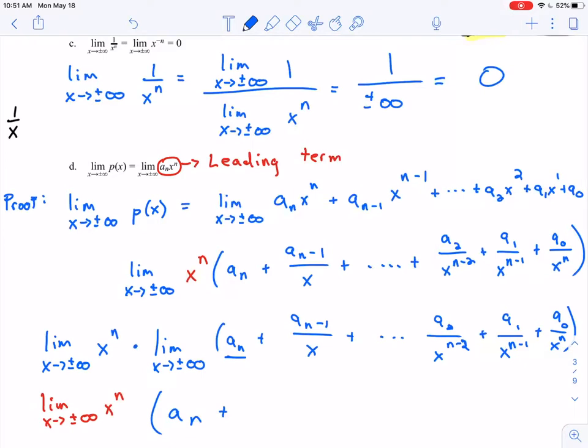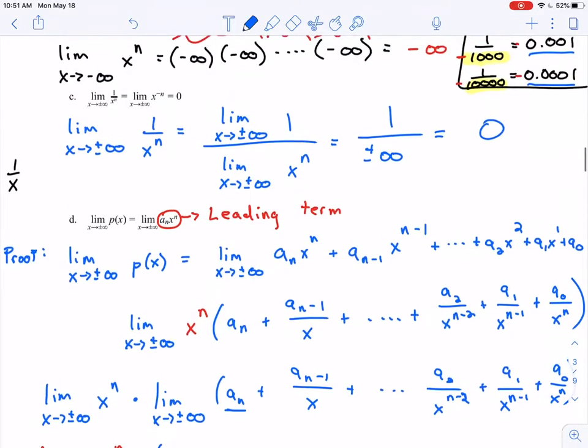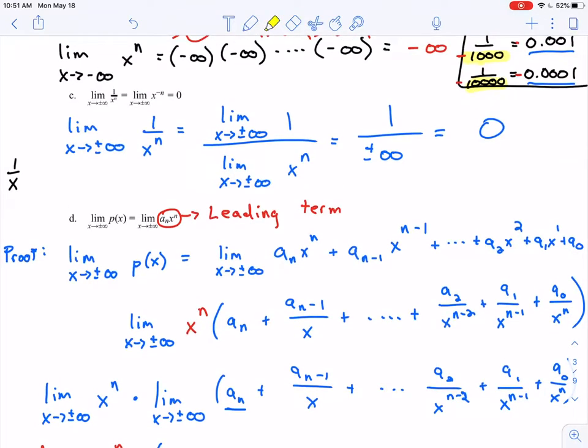But for this next term, I've got a constant, a sub n minus 1, divided by a power of x. Well, if x is approaching plus or minus infinity, what does that go to? Oh, if only we had a property that we had proved a few moments earlier. Well, it turns out we actually do right here.